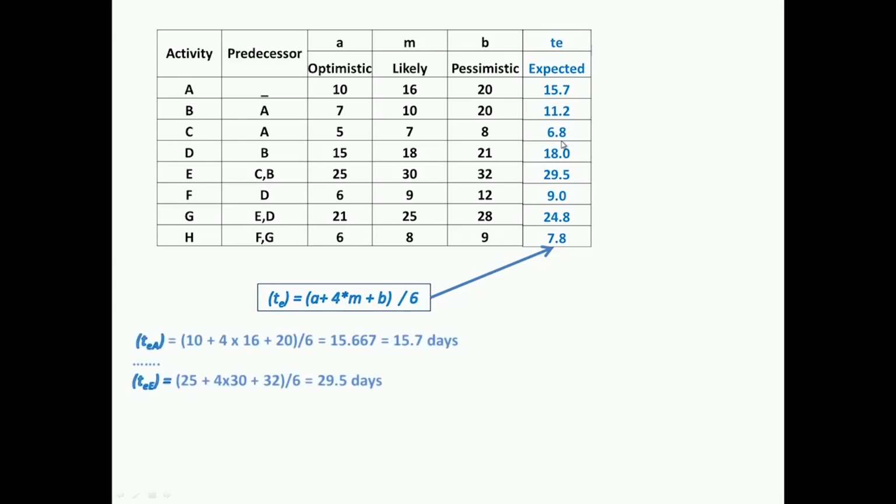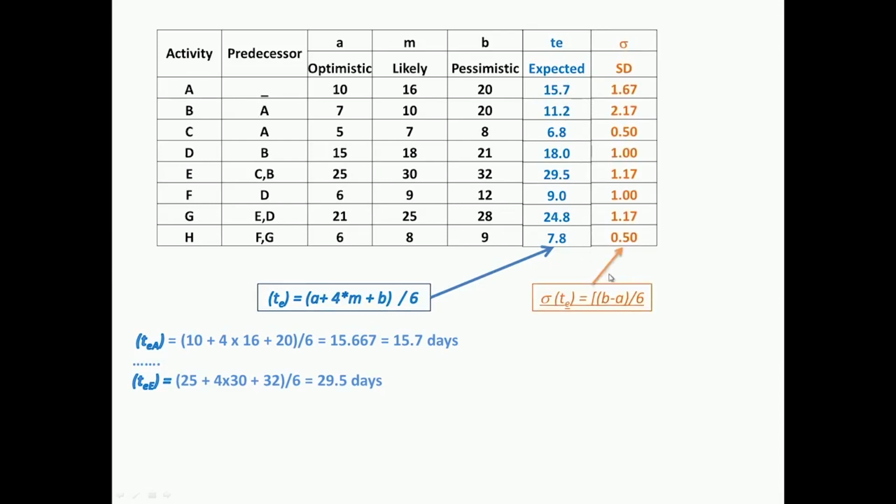For example, for 15.7, A is 10 plus 4 into 16 plus 20, divided by 6, which gives me 15.7, the expected value. Similarly, for E, that is 25 plus 4 into 30 plus 32, divided by 6, gives you 29.5. You calculate the expected duration similarly for all the other activities.